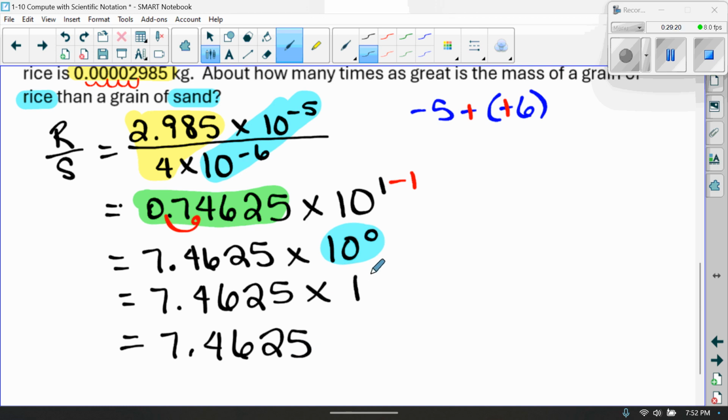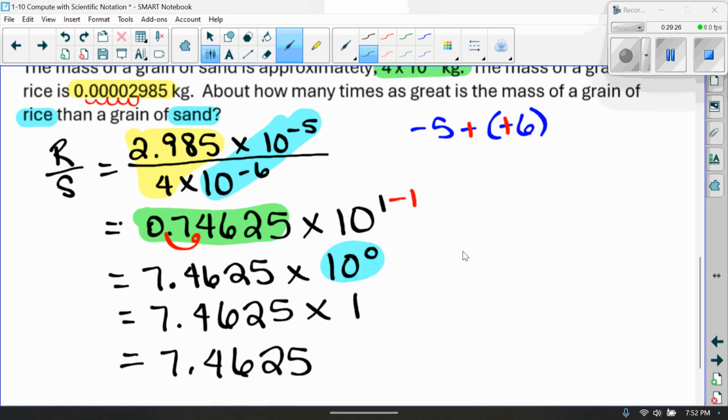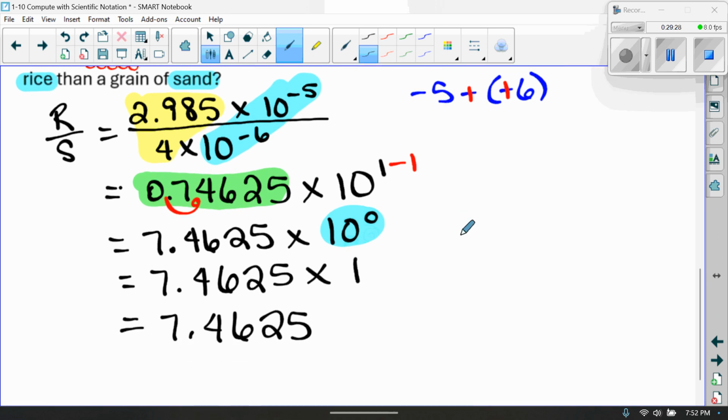So let's see, does it tell us to round to anything? Nope. But I'm going to say round to the nearest 10th. So here's rounding, there's the 10th place. So the 6 tells us that we want to round up.